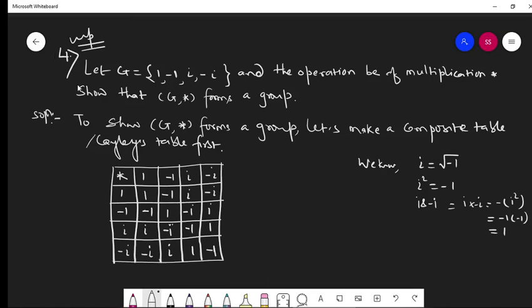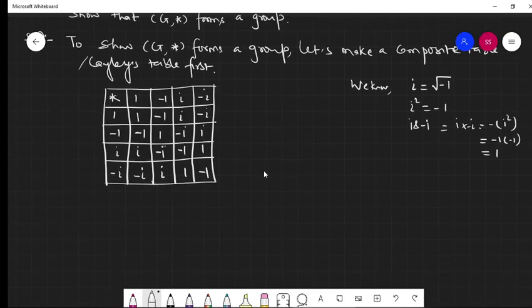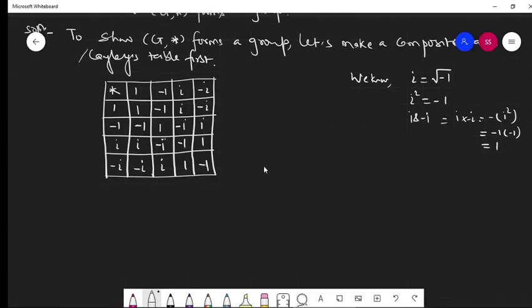Now we have to show G asterisk forms a group, so we have to go through the properties of this. Now for first, closure property or closure axiom. First we have to go through the closure axiom.